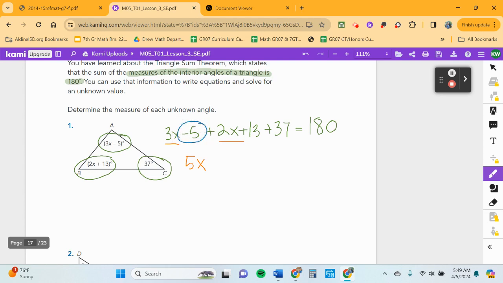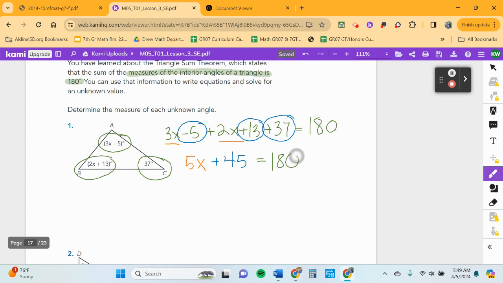So I've got a negative 5 here, I've got a positive 13, and I've got a positive 37. If I combine all of those together, I'm going to add my two larger numbers first and then subtract 5. So 13 plus 37 gives me 50. And then I take away 5, I know that gives me 45. So 5x plus 45 is equal to 180.